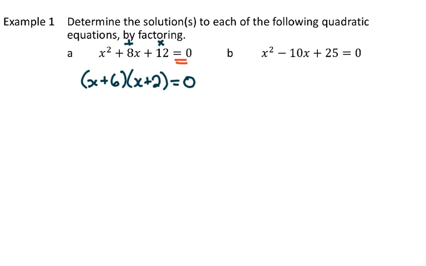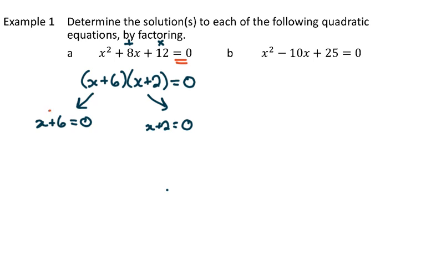At this point, now we pull in that zero product property. We take a look and we say, okay, these two brackets multiplied equal 0. So either x plus 6 had to equal 0 or x plus 2 had to equal 0. Now this gives us two smaller equations we could solve in grade 8.